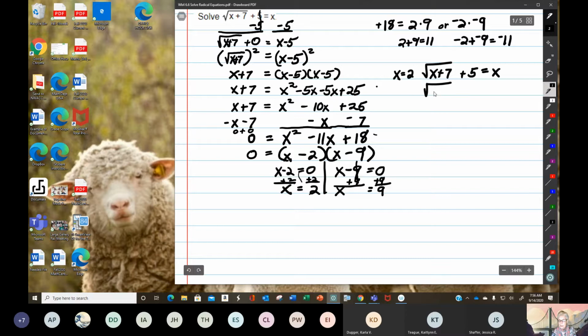So this is the square root of 2 plus 7 plus 5 equals 2. I thought that actually might be right.